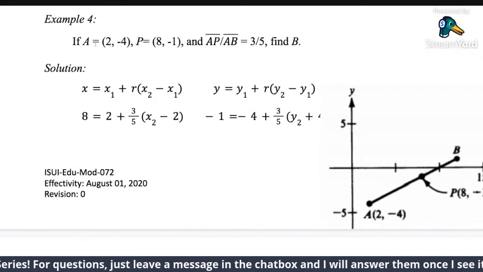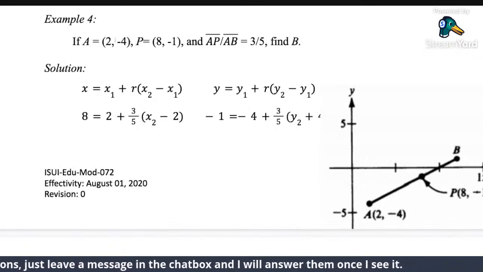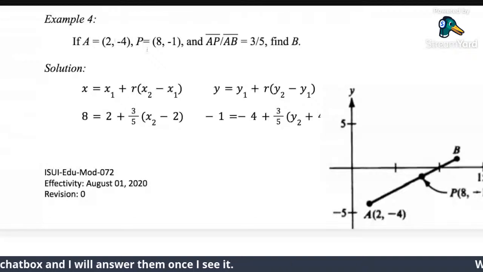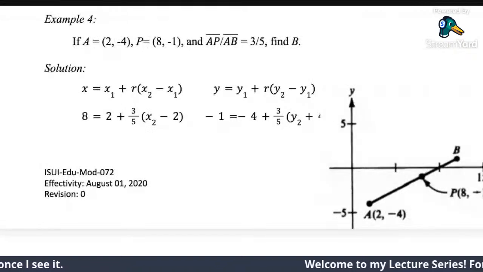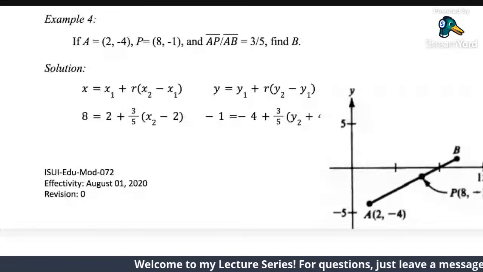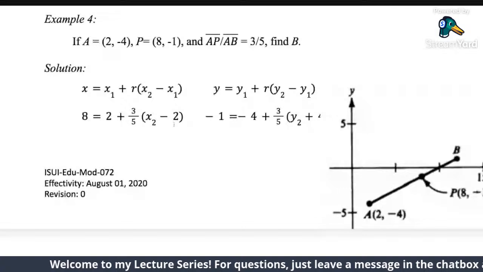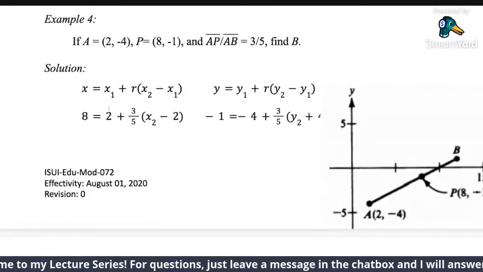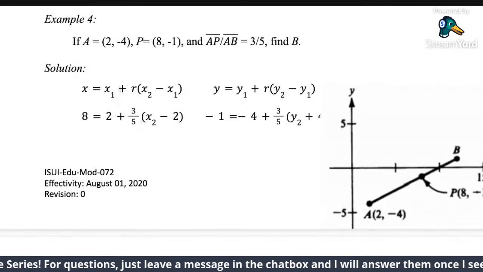Here, this time we are given one endpoint and the point at the middle, and you are going to find the other endpoint. Find P. So we just make use of the two equations from the theorem to be able to find the endpoint.